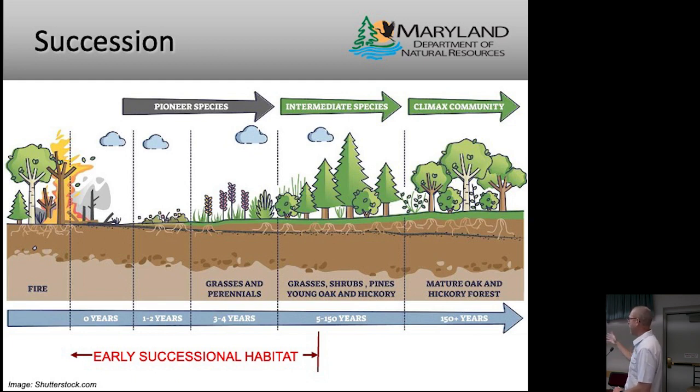This will happen in different lengths of time, depending on soil conditions, moisture, various factors, but the general progression will be similar. First year or two, you'll have your annual grasses and weeds, your herbaceous vegetation.